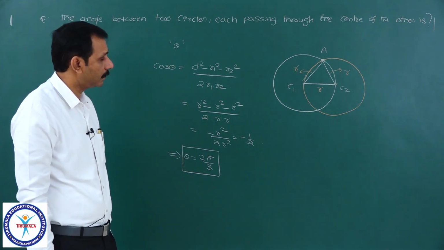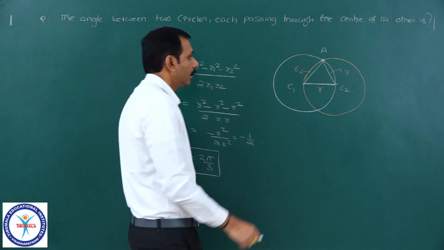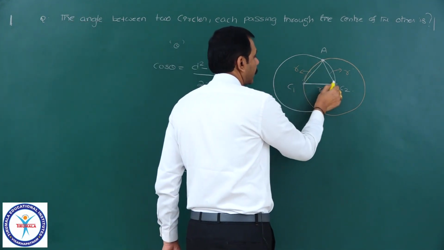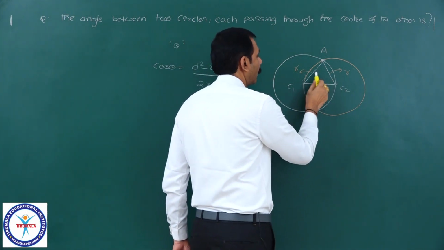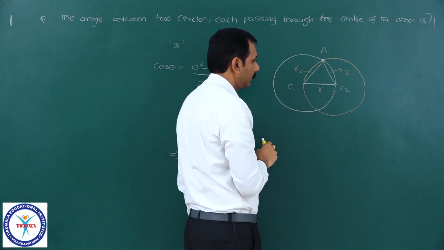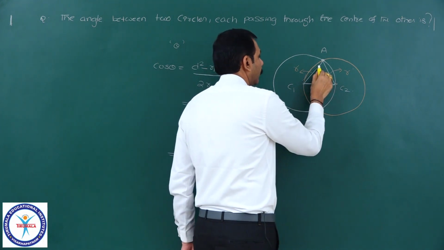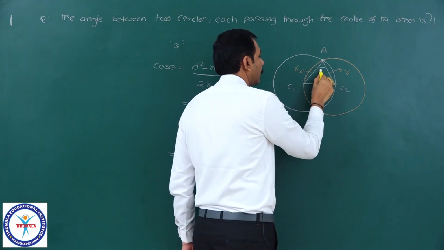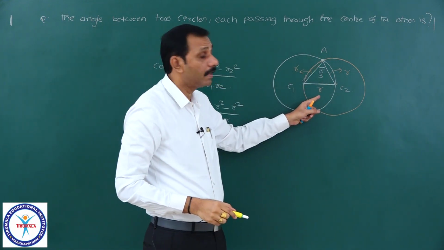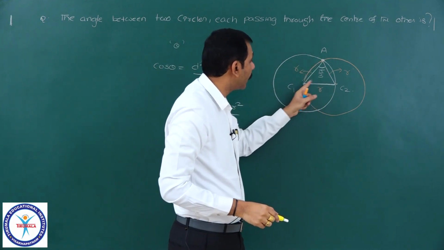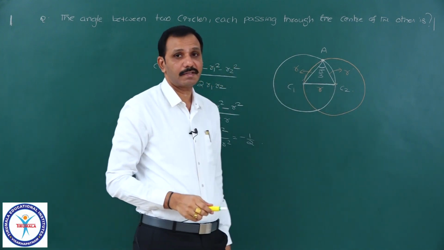Or otherwise, in the triangle AC1C2 all three sides are equal, so it is an equilateral triangle, and this angle is pi by 3. It is not the angle between the circles, it is the angle between the radii of these two circles.